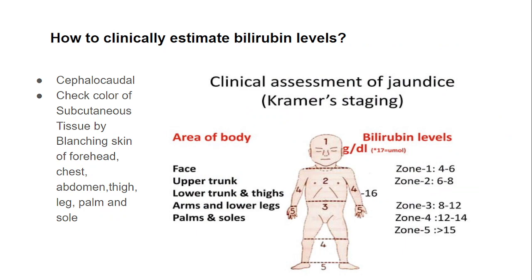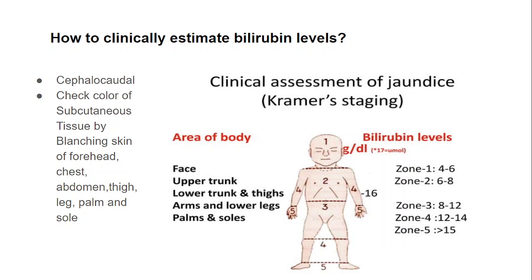How to clinically estimate bilirubin levels? With the help of Kramer staging. Basically, Kramer classified it by putting different areas of the body into different zones. Zone 1 contains the head and neck surface area, and the bilirubin levels are usually 4 to 6 mg per deciliter.